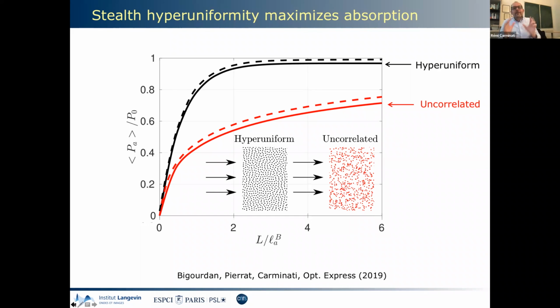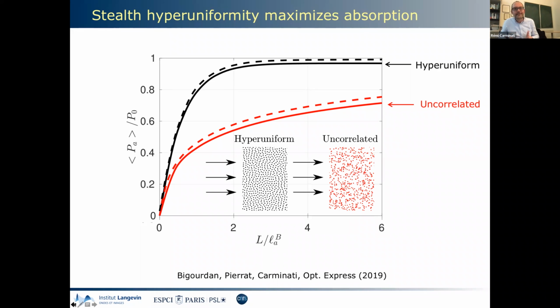Very roughly, the average absorbed power is P0, the incident power, minus the remaining scattering part of the system.